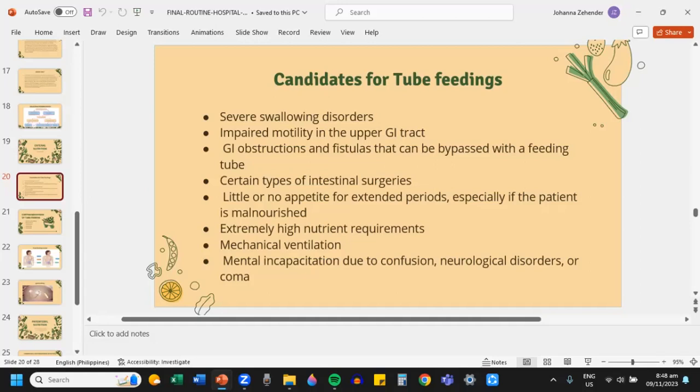They may also have patients who are ordered to be on tube feedings because they may have mental incapacitation due to confusion, neurological disorders, or coma. Okay, so for those who are in a coma but not dependent on mechanical ventilation, so may spontaneous breathing pa sila, they can be candidates for tube feeding.